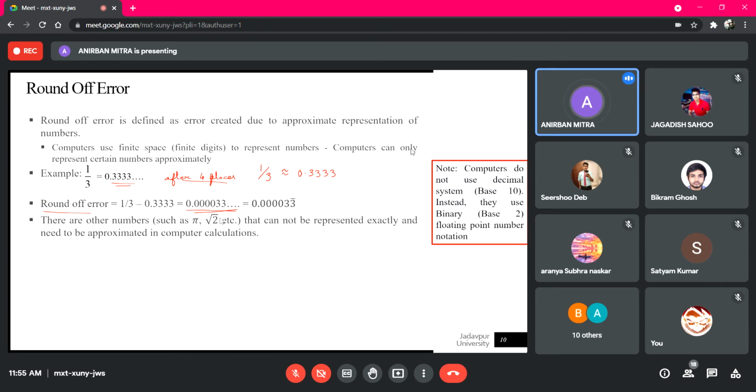By the way, here, remember that computers do not use the decimal system with base 10. I have given you an example from a decimal system of base 10, but computers indeed use the binary system. So base 2 is used. So floating point number notations in binary is the way to go for computers.